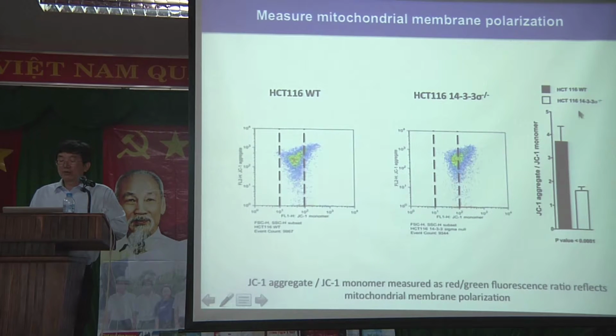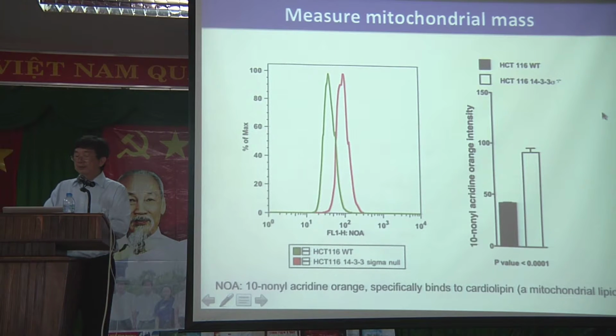So here, Lin has done this experiment using this flow cytometry methodology and demonstrated that the mean ratio of the red to green fluorescence is changed when the 14-3-3 sigma gene is deleted.